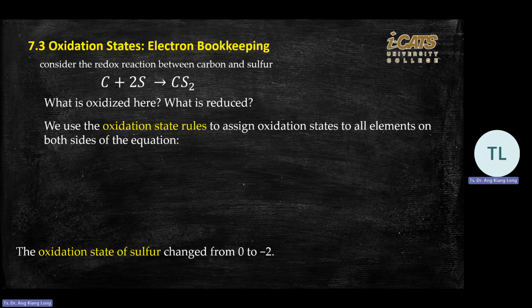Here we use oxidation state rules to assign oxidation states to all elements in the equation. Previously we used oxygen and electrons. This is the third method of deciding whether an element is oxidized or reduced: assigning oxidation state, the electron bookkeeping method.